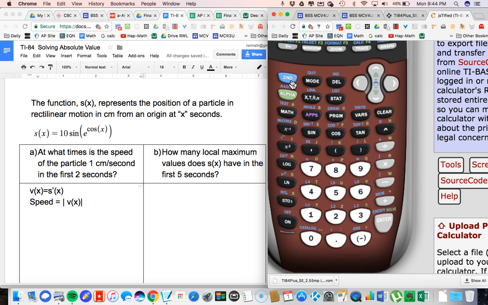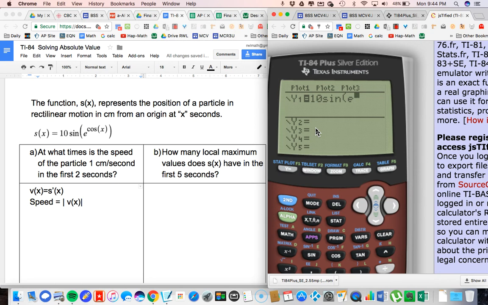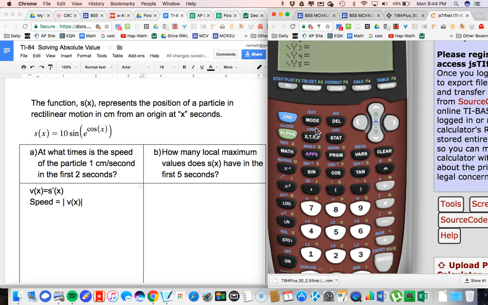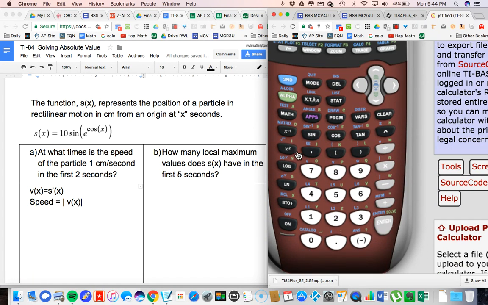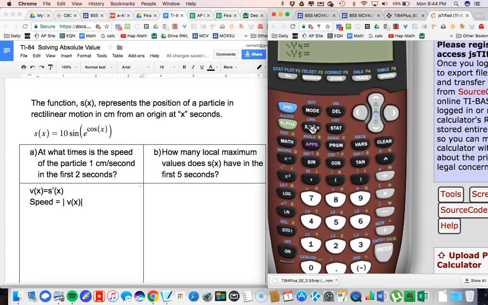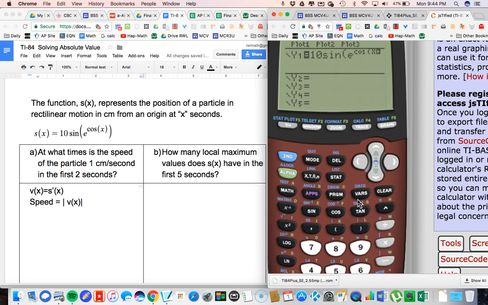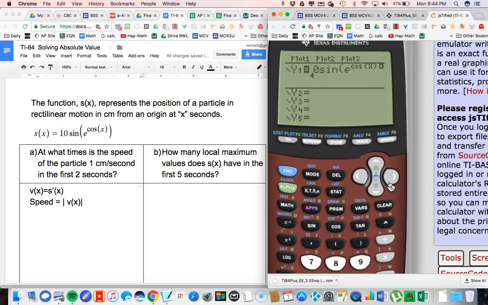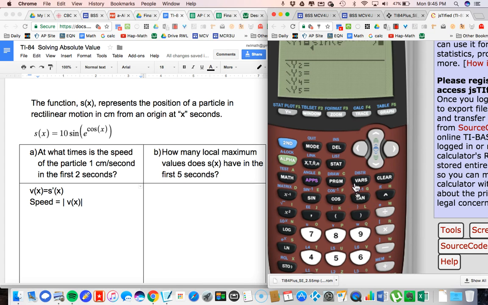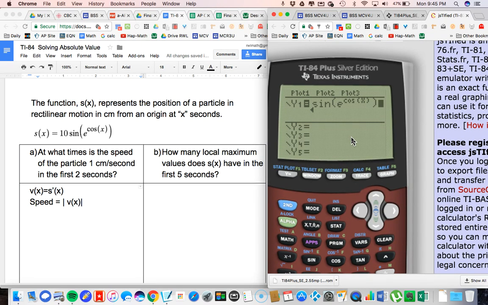E is second function and ln, and it puts it right up into the exponent, and that's going to have to be cos of x. X is the button beside the green alpha key. Cos x, bracket, and arrow over, and bracket again. So I've stored that. That's my s of x equation, which is the position equation.